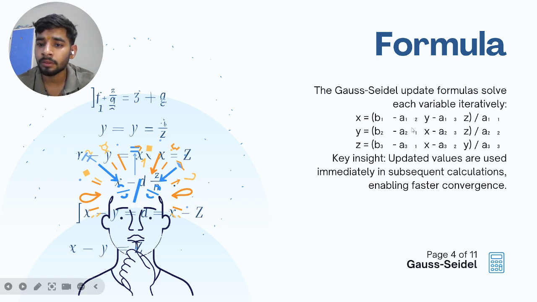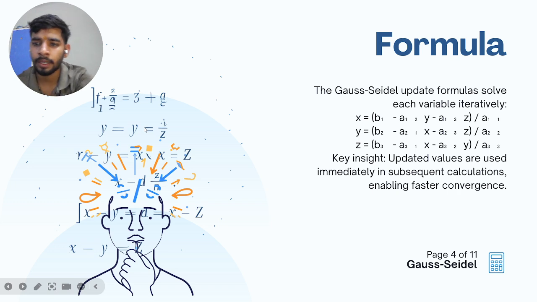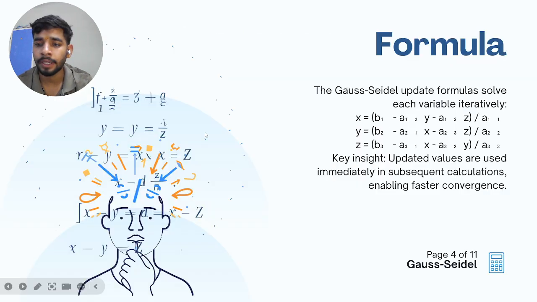On the basis of this formula, we will put in the values, like b1 is 6, and then minus a12 y, and then z.